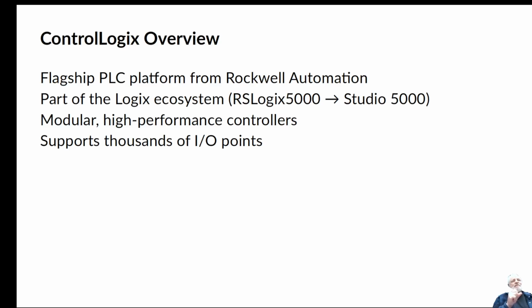They're very expandable, and they do network communications. The older versions, which is what we still have in the lab, run on RSLogix 5000, while the newer version of the software is Studio 5000. However, it depends on the firmware of the PLC. The PLCs have what they call firmware, and that firmware tells you whether you're going to use RSLogix 5000 or Studio 5000.